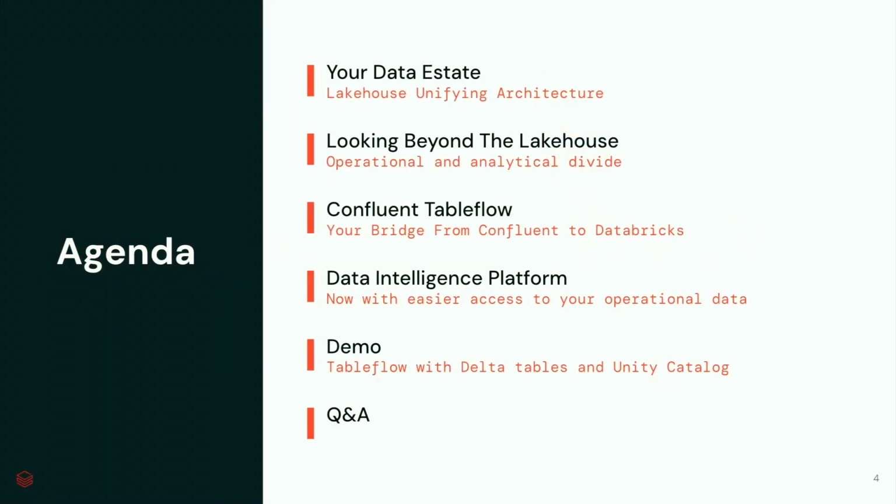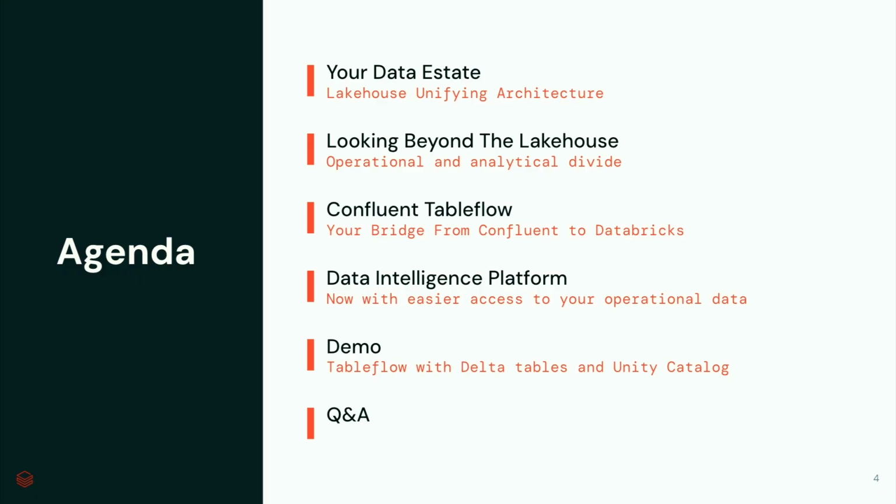All right, so let's get started with a quick overview of today's agenda. We'll kick things off with an overview of the current state of the data lakehouse architecture. And then we'll dive into the challenges that you have, especially when you're feeding this streaming data in Kafka to your data lakes or data warehouses.